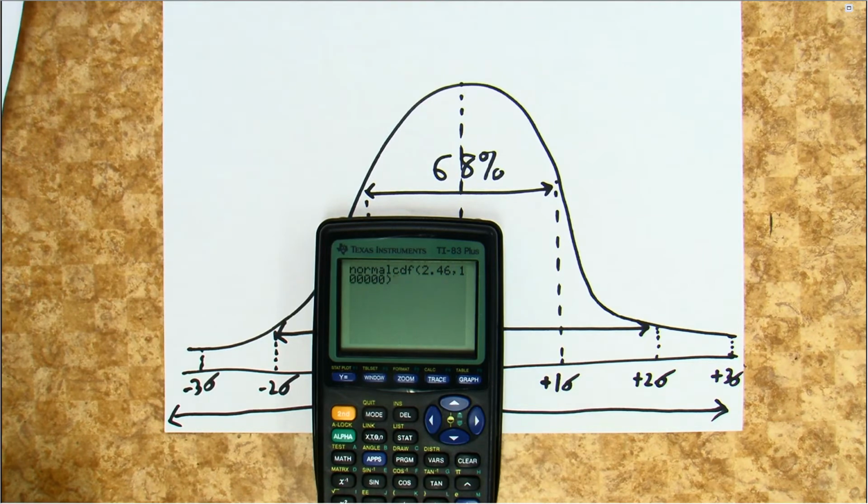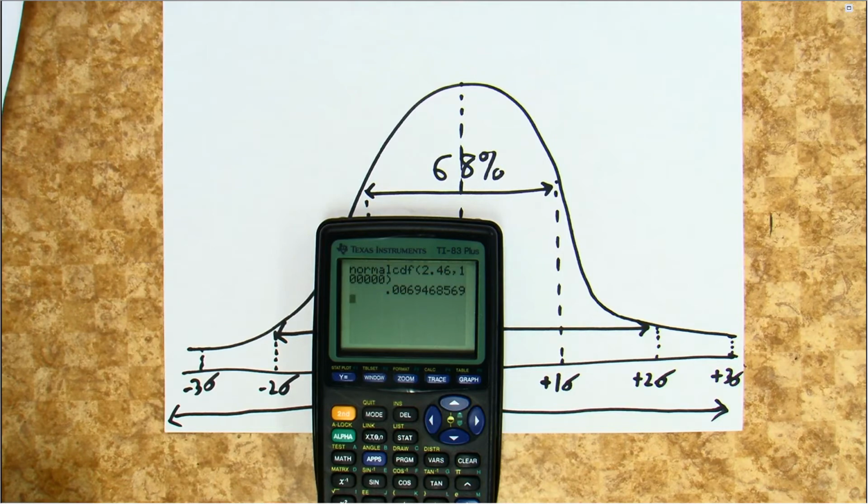In your calculator, you would just have to make sure that you keep the mean at 0 and the standard deviation at 1. And as long as you do 2.46 for your lower, some giant number for your upper, 0 for your mu, 1 for your sigma, it would spit out that correct answer.